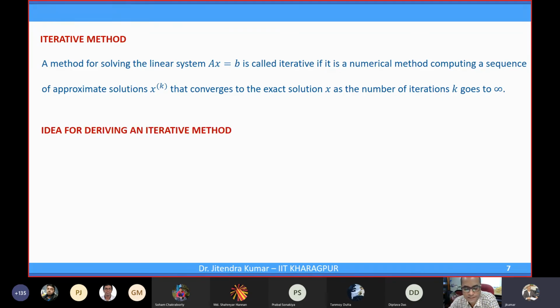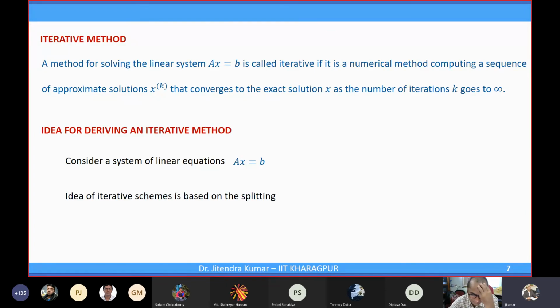So the idea of deriving an iterative method, that is what we will learn now: how to derive such a method, and such a method which will converge. You consider a system of linear equations. The idea behind all iterative methods, some of which we will learn and some we will not, is based on a kind of splitting of A. This is just a general idea, not a particular method.